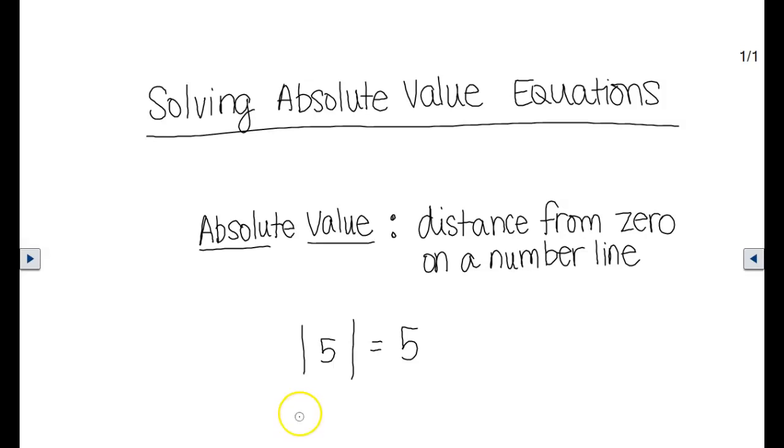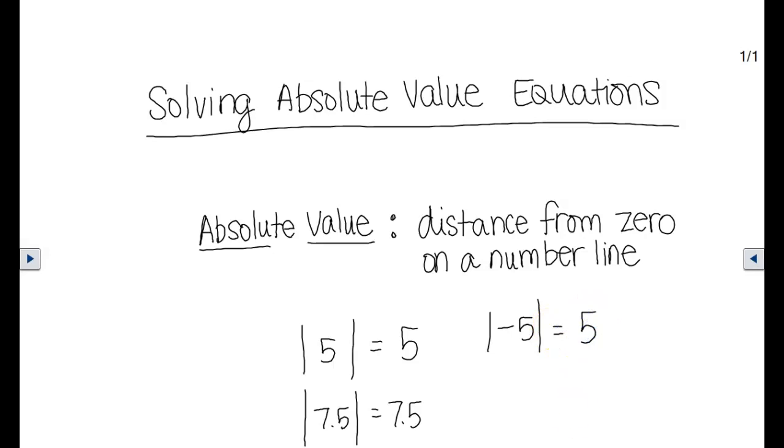If I ask you for the absolute value of 7.5, then I'm saying how far is 7.5 from 0 on a number line? And the answer is, it's 7.5 spaces. If I do the absolute value of negative 5, then I'm saying how far is negative 5 away from 0 on a number line? And the answer is, it is 5 spaces.